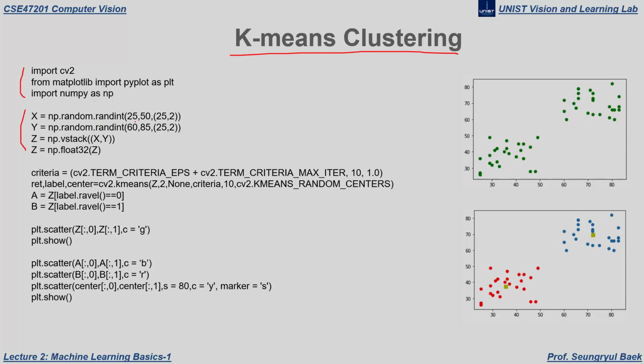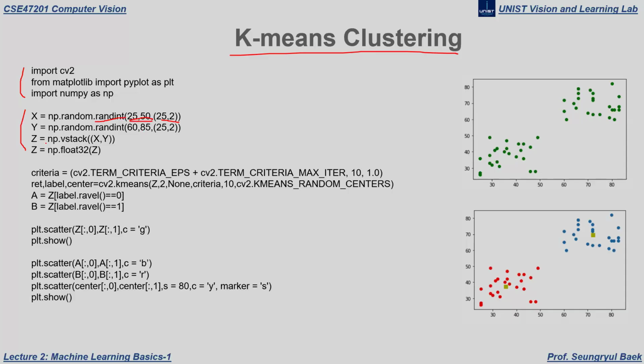So this random int is randomly generating some integer values inside this range. And they are generating 25 samples which have 2 dimensions. Okay? And their values are in the range from 25 to 50.